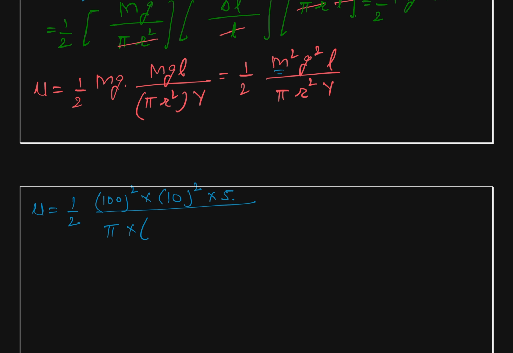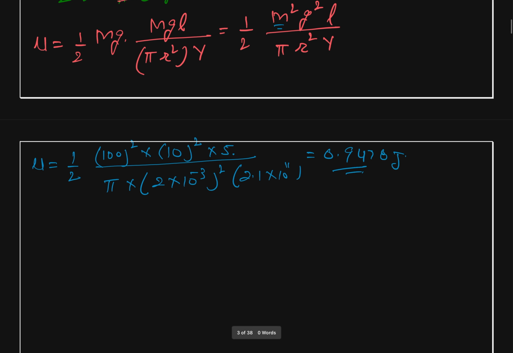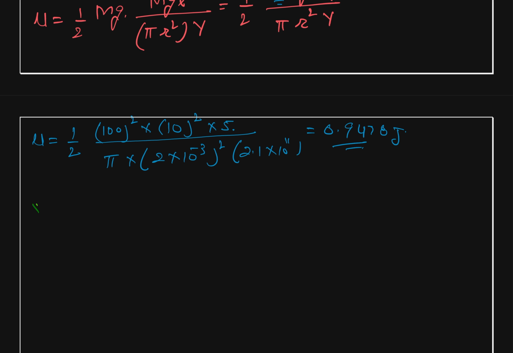Pi, radius is 2 into 10 to the power minus 3 whole square, Young's modulus is given to us as 2.1 into 10 to the power 11. So we get this energy will be equal to 0.9478 joules. Now we can use the conservation of energy.